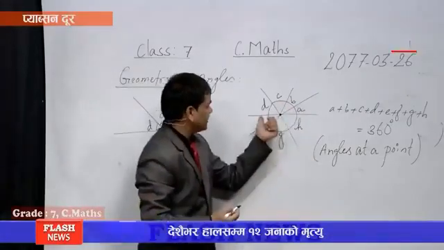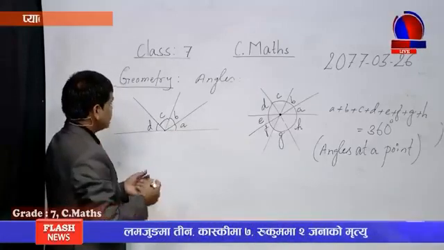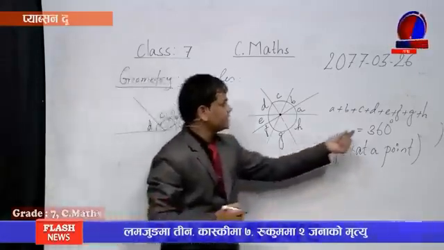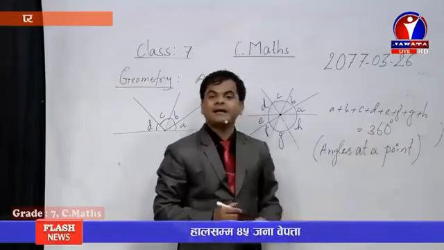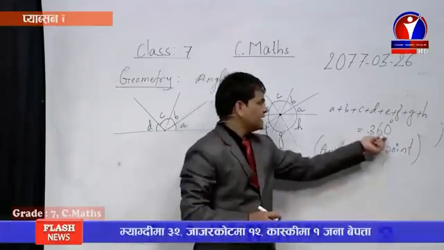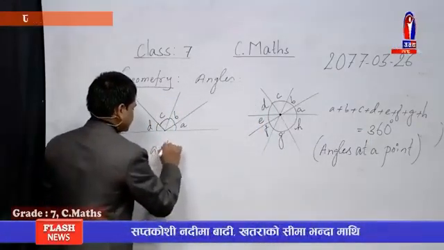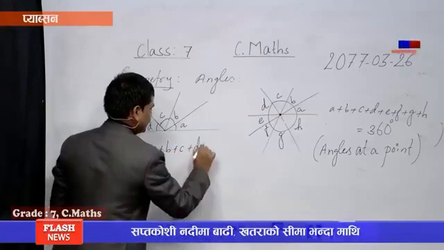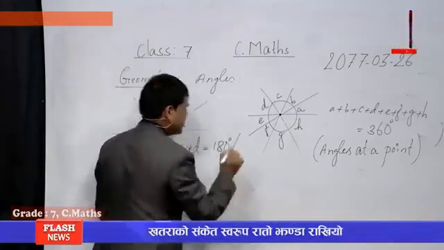If you look at this figure, this is only half, 50%. As a result, 50% of 360 degrees means 360 divided by 2, which equals 180 degrees. That means A plus B plus C plus D must be equal to 180 degrees.